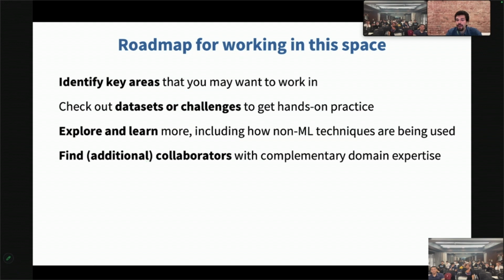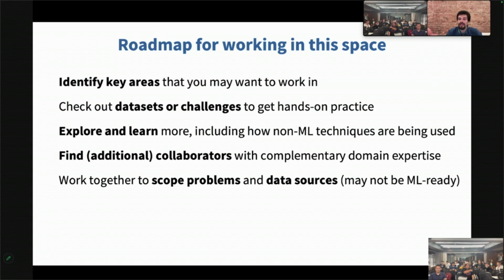Find collaborators with complementary expertise in the relevant domains, work with them to identify and scope problems and data sources. There may not be established machine learning data sets, but often the most impactful work is on problems that are well known to the domain experts, but haven't yet been set up as machine learning challenges. So this is an opportunity to really have an impact.